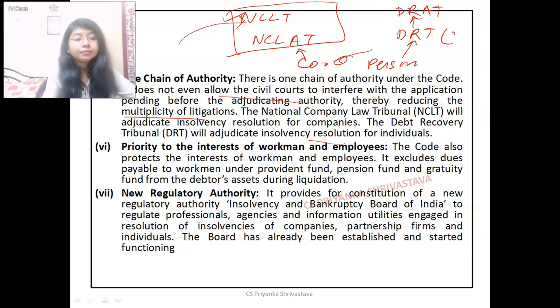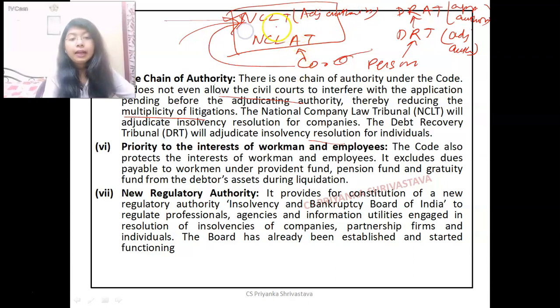This is the adjudicating authority and this is the appellate authority. The company will first go to NCLT, and if it has any complaint then it will go to NCLAT, that is the appellate authority.